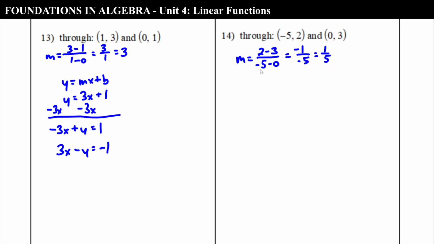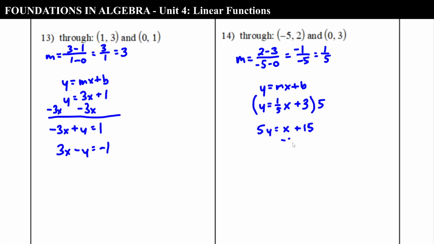So now, again, we have a y-intercept for one of our points. So let's use that to make our lives easier and go into slope-intercept form. So y equals 1/5 x plus 3, which is our y-intercept. Multiply everything by 5 to get rid of the fraction.